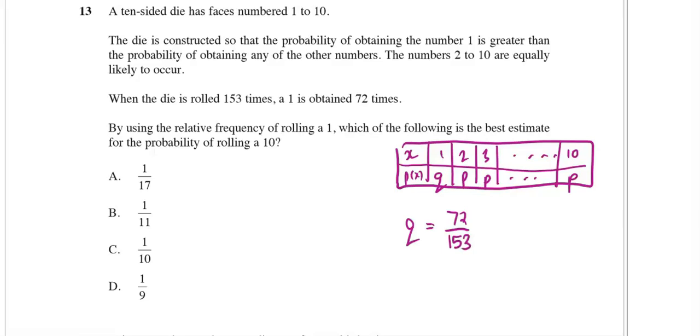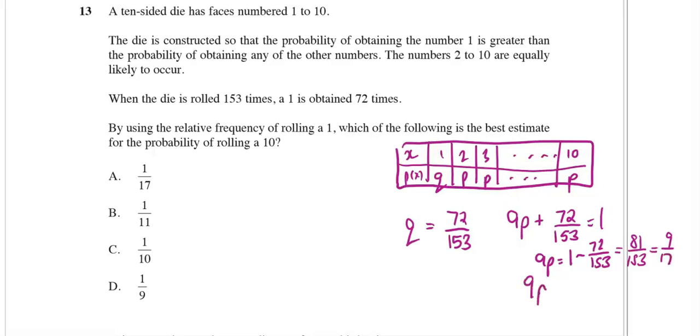And we know that all the other ones are the same, and 9 of those P's plus the Q has to add to 1. So 9p is the difference between those two numbers, which is 81 on 153, or 9/17. So if 9 lots of p is 9/17, 1 lot of p is 1/17. The answer is A.